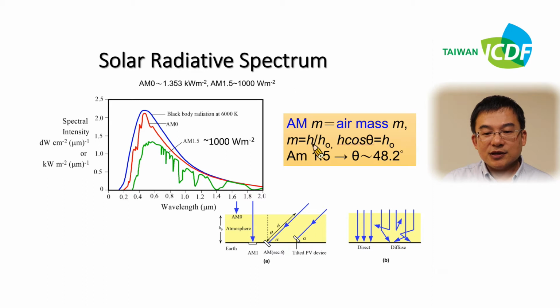The AM value is equal to H divided by H0. H0 is the thickness of the atmosphere, and H is the distance from the Earth to the space. So H divided by H0, we call that M. So you can check your location, calculate the M value, and then use this value to calculate the light intensity at your position.